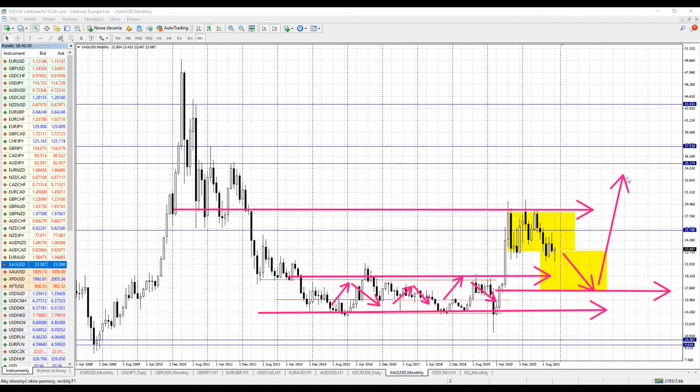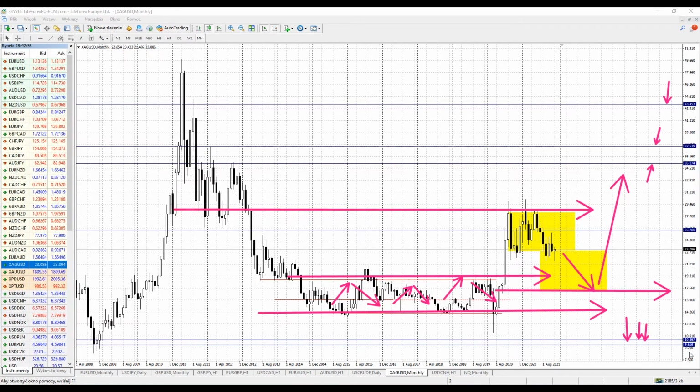If we are going to go higher, then the next level is around 35, another one around 37.50 and 43.45. In case of the bearish breakout to the downside, if we are going to break through 16, 14 is a target, and the next target is around 10.30, 9.60.